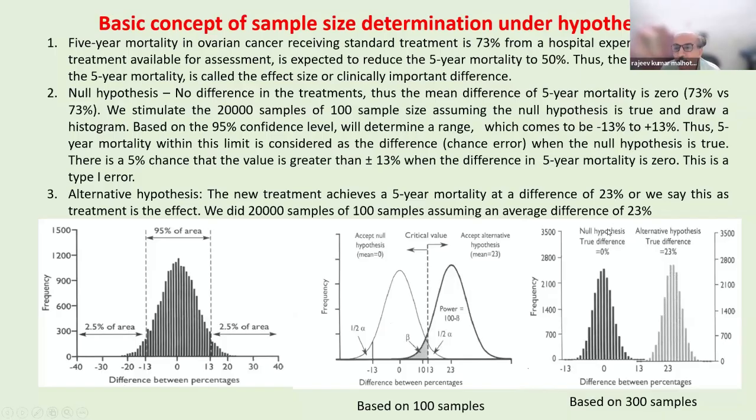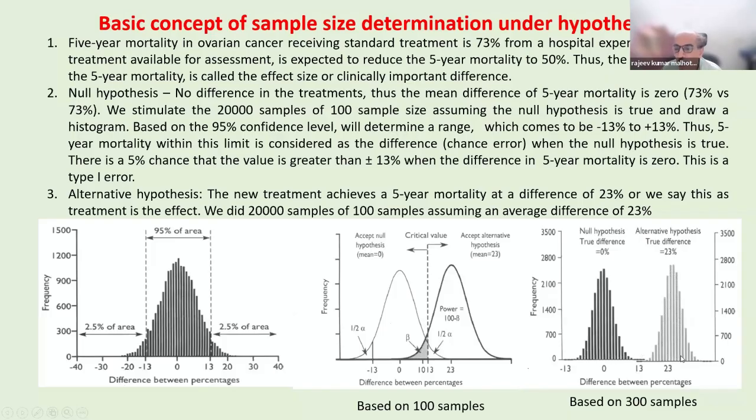Now, if I increase my sample from 100 to 300 samples, in that case I have more precision. So in that case, I get a large power. Or maybe if you see, here there is an overlap, but here there is less overlap.